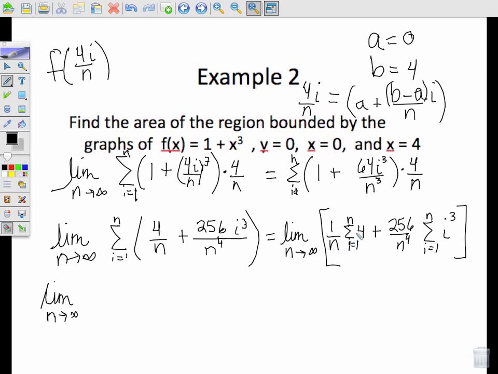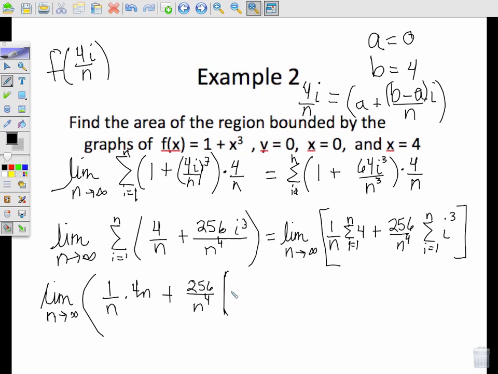So we're going to have the limit as n approaches infinity. The summation of 4 would be 4n, so we'd have 1 over n times 4n. And then we've got plus 256 over n to the 4th.